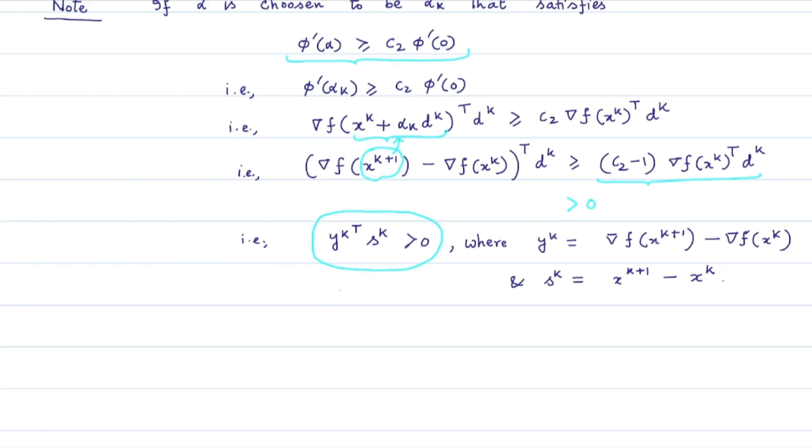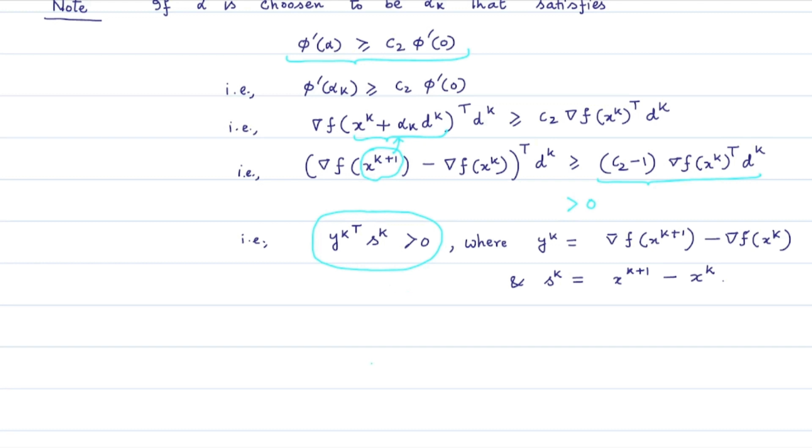And this condition, yk transpose sk bigger than 0, makes a very popular quasi-Newton method, the BFGS method, well defined. We'll see later that this BFGS method is well defined only when yk transpose sk is greater than 0.